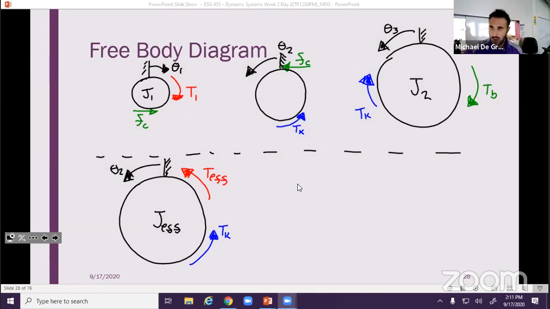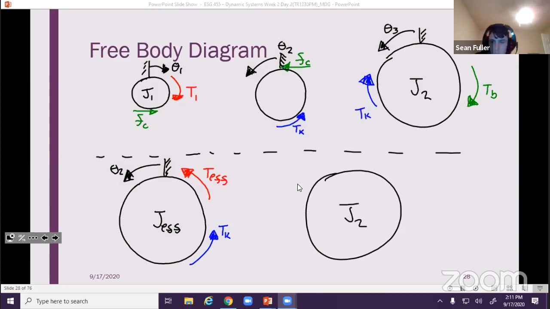And then the second part, well, it doesn't change, right? J2 doesn't change. We didn't do anything with J2. It stays the same. We're still going to have 2B, TK, and theta 3.